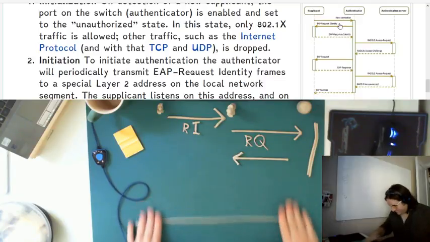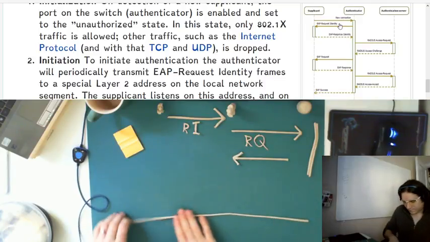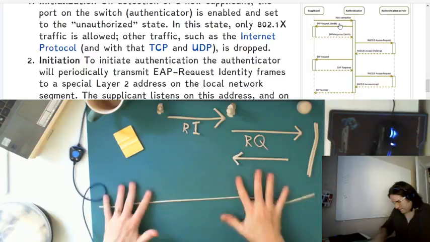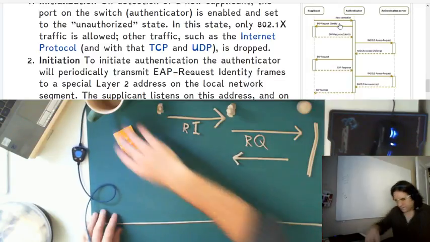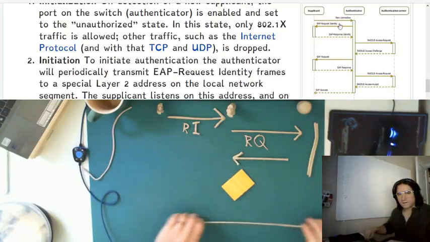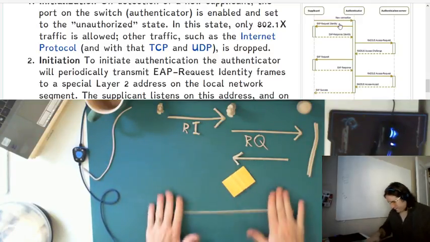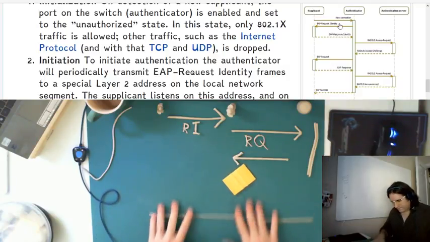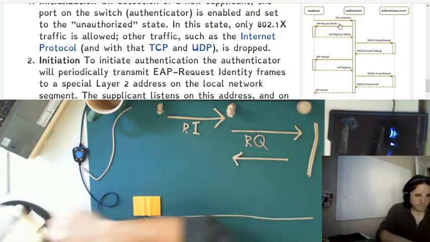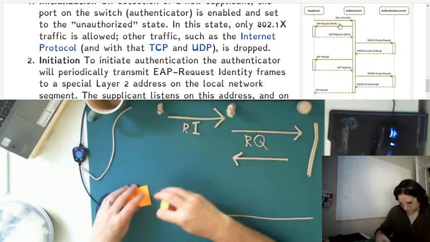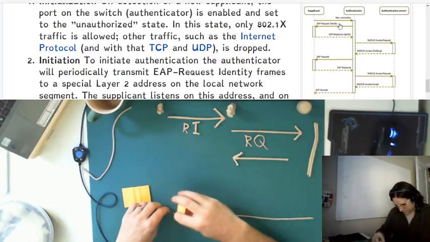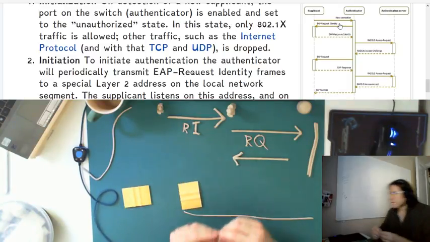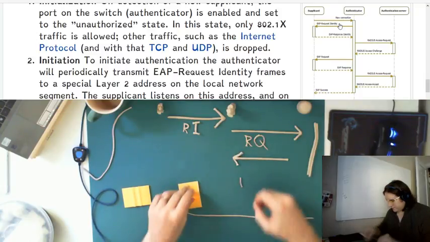Who you are. So what? An access challenge.